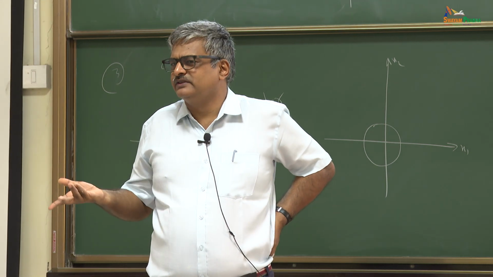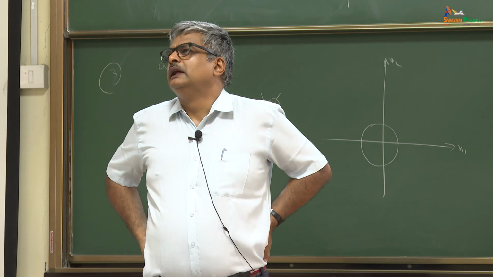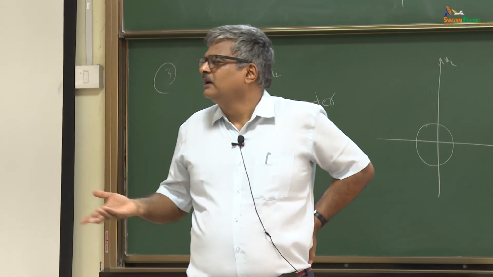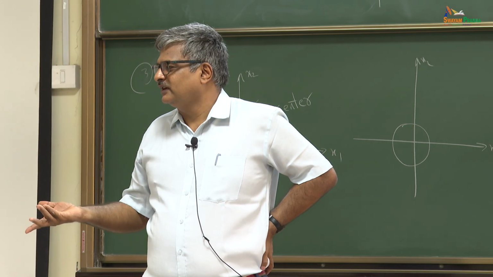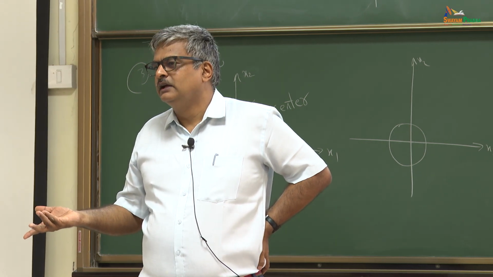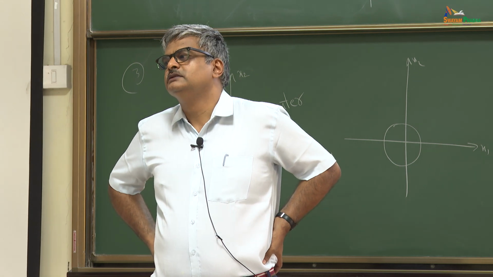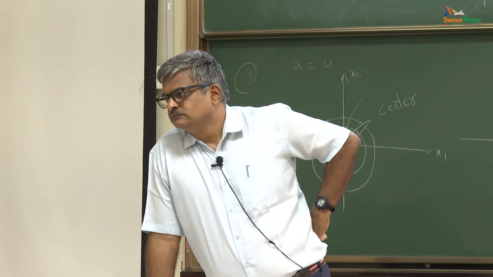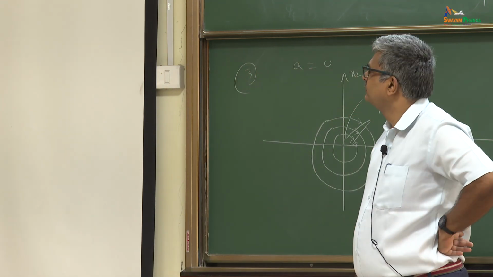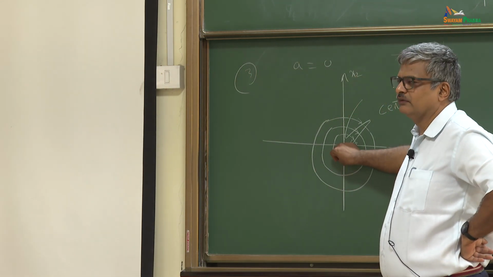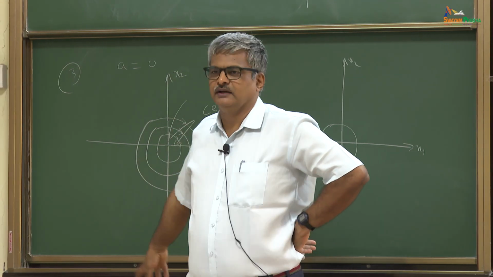The A matrix, in second order, it has to be a 0 matrix. Yeah, we will not call it a saddle, but it will come under this case itself.